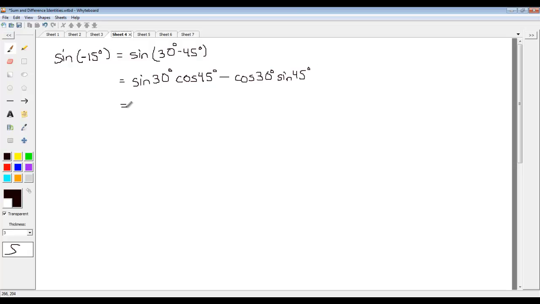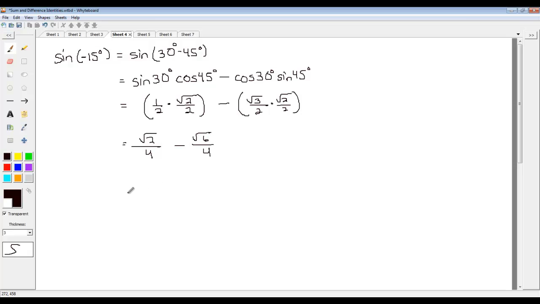Woohoo! So we got 1/2 times square root of 2 over 2 minus square root of 3 over 2 times square root of 2 over 2. So we got square root of 2 over 4 minus square root of 6 over 4. Clean that up: square root of 2 minus square root of 6, all over 4.